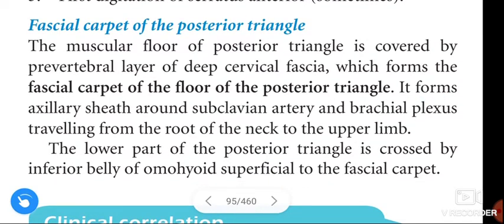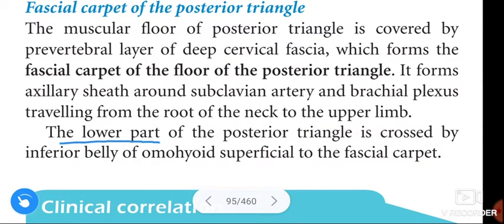It forms the axillary sheath around the subclavian artery and brachial plexus traveling from the root of the neck to the upper limb. Next, the lower part of the posterior triangle, lower part only, is crossed by the inferior belly of omohyoid superficial to the facial carpet.